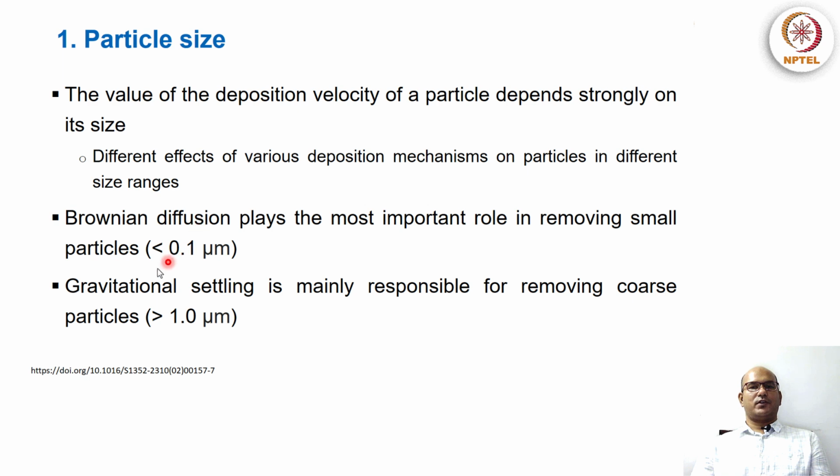For example, for small particles less than 0.1 micron, Brownian diffusion plays the most important role in removing them, whereas gravitational settling is mainly responsible for removing coarse particles, which are generally more than 1 micrometer.